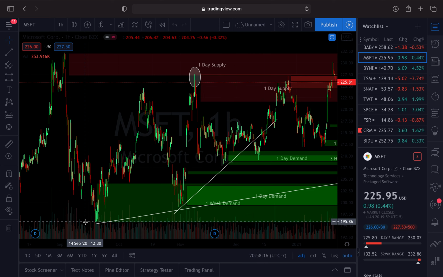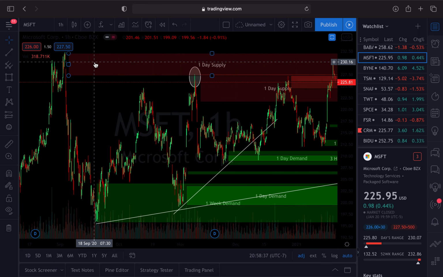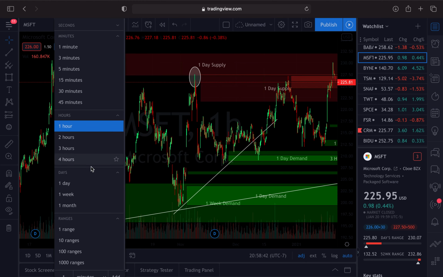The most important things: demand zone, bottom of the wick to top of the body, after a strong breakout. Supply zones, bottom of the body to the top of the wick, and a reversal on high volume. Yes, if you're going to take away anything, that would be the most important thing.